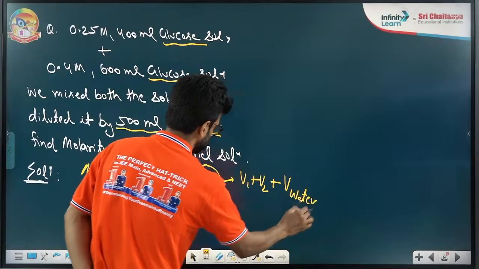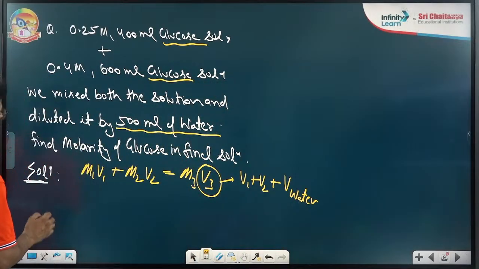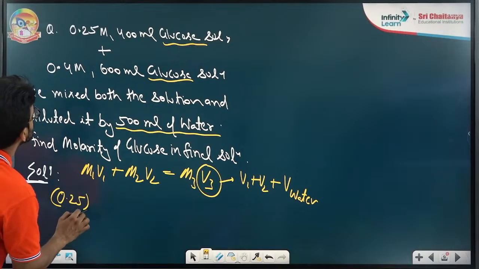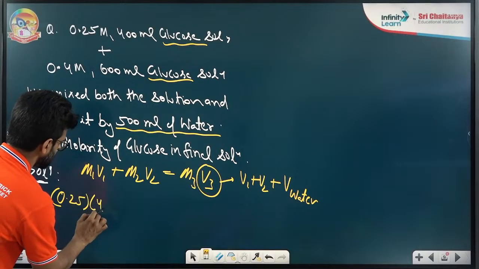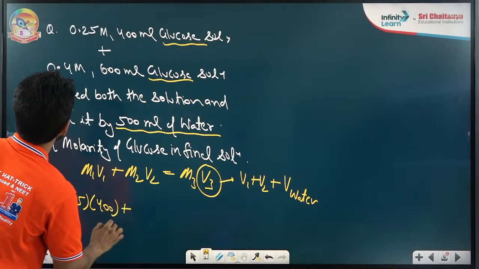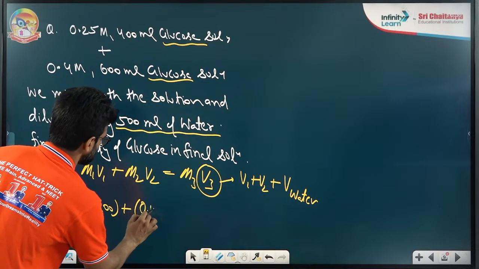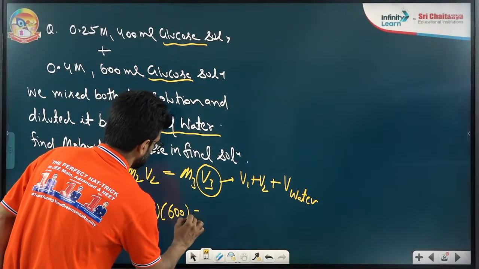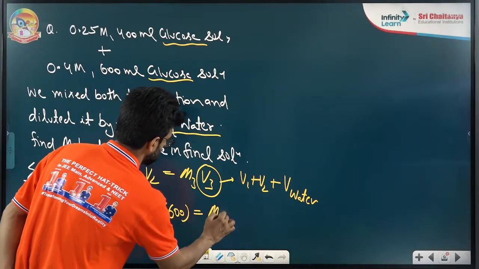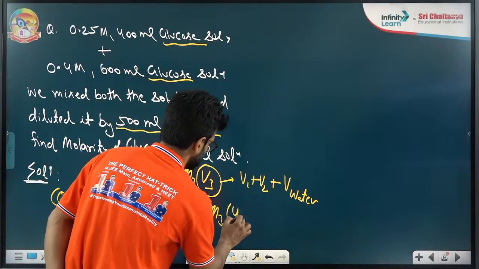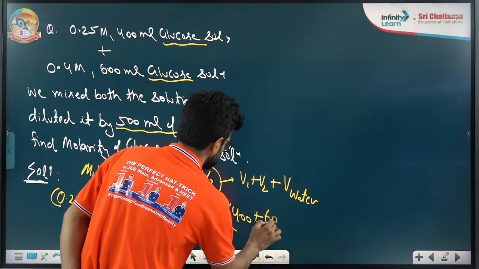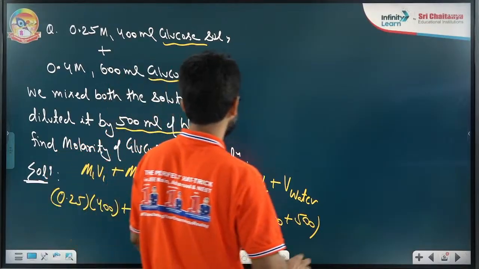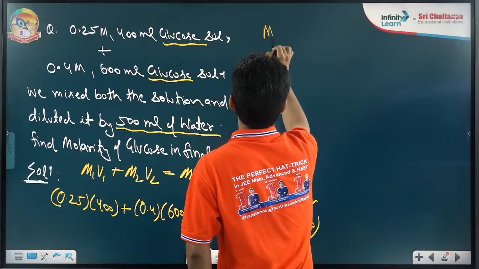So M1 is 0.25 and the volume is 400 ml, plus M2, which is 0.4 into 600 ml, and for M3 I have to find, the volume is 400 plus 600 plus 500. This way, if you solve this, I find M3.